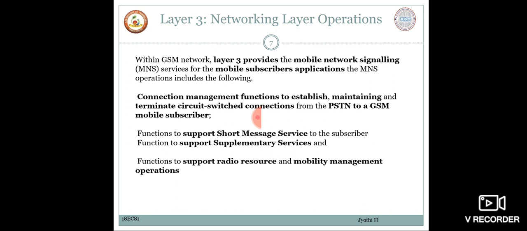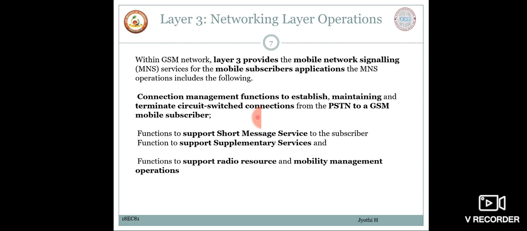One is the connection management function, to establish, maintain and terminate the circuit switched connections from PSTN to GSM, and subscriber functions to support short message services. The next are functions to support supplementary services and functions to support radio resource and mobility management.